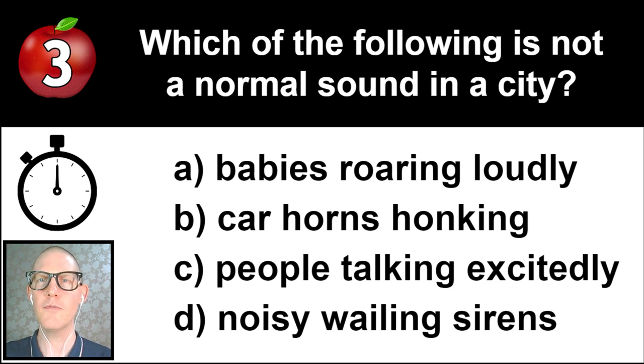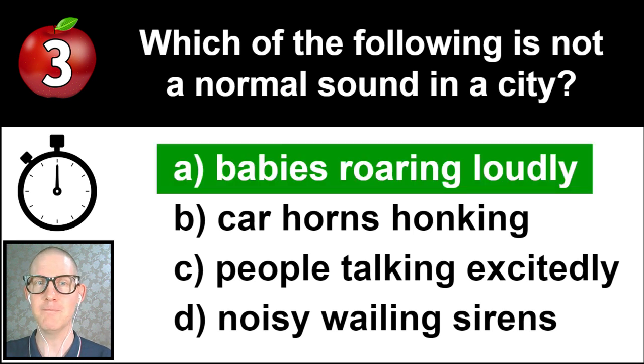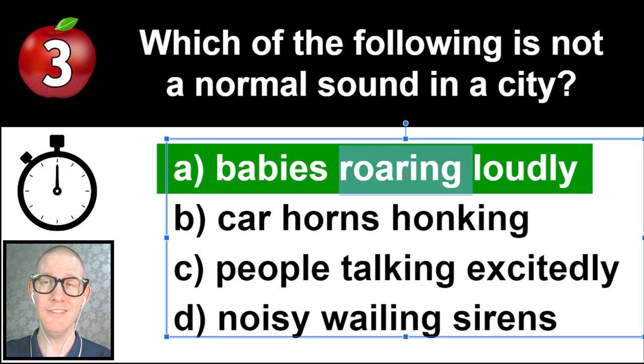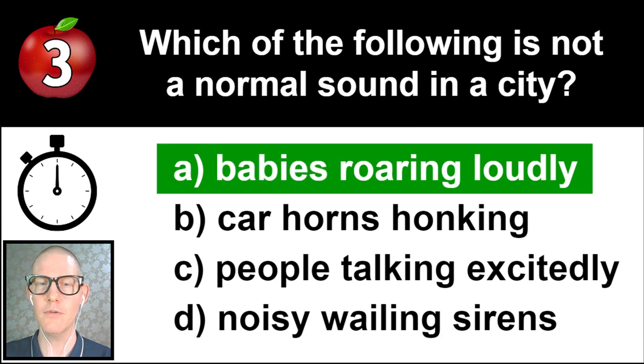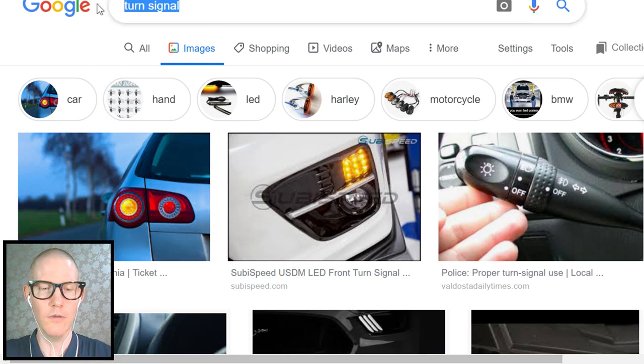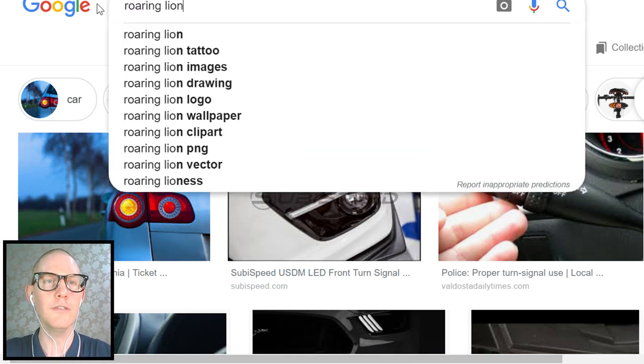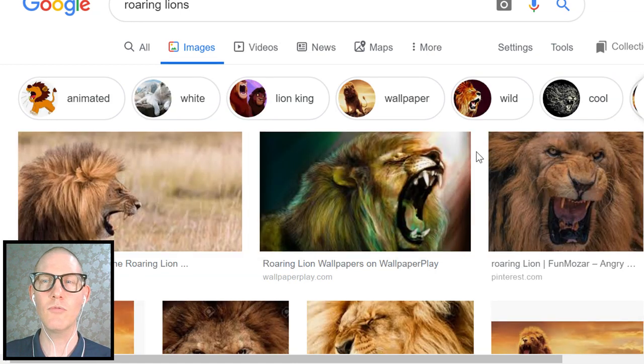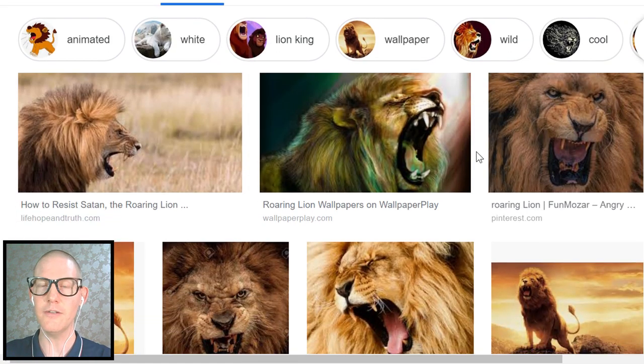Okay, so which of the following is not a normal sound in a city? A. Babies roaring loudly. When we hear the word roaring, we usually don't think of babies. We think of maybe roaring lions, right? Because roaring means to go roar, right?